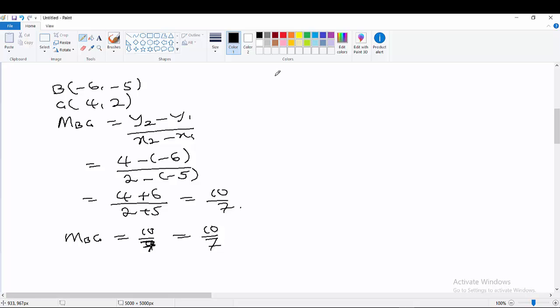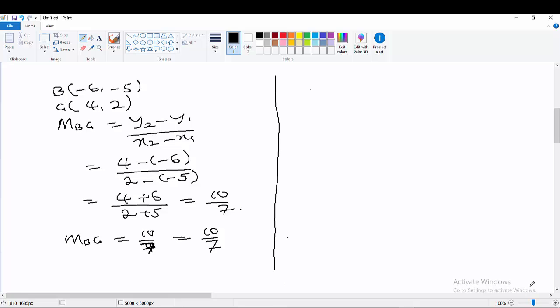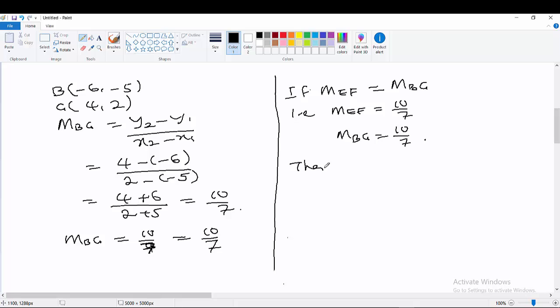So we have the gradients now. This theorem states that if the gradient of EF is equal to the gradient of BG, that is, the gradient of EF is 10/7 and the gradient of BG is also 10/7, therefore EF is parallel to BG.